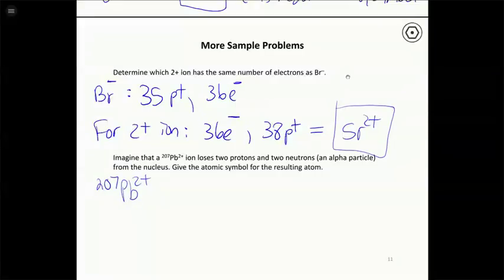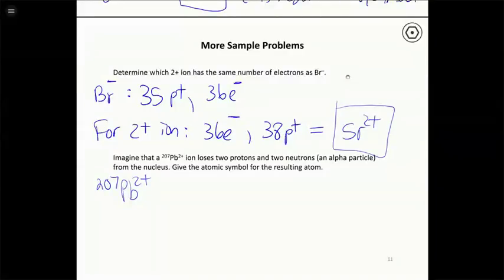That was what was used in the gold foil experiment that I introduced at the beginning. So an alpha particle is just 2 protons and 2 neutrons glommed together that can have a lot of energy if they're projected at a target. And so anyway, this ion here loses an alpha particle, loses 2 protons and 2 neutrons, and we want to know what is the atomic symbol for the atom that results from this.